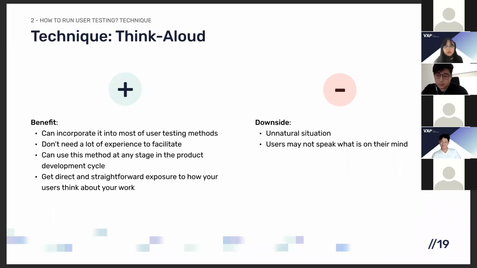And also, the benefit of having a script is that anyone on the team can help conduct the think-aloud. So you will have a formal template shared among the team, and everyone can ask the same questions to achieve the same goals. So it's really important during the preparation stage that you write out the plan and the script.